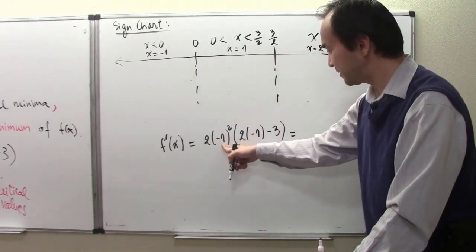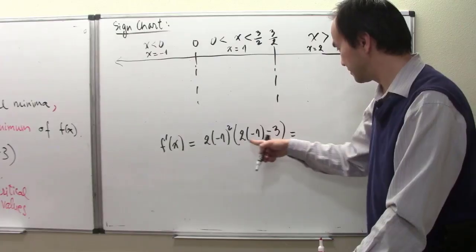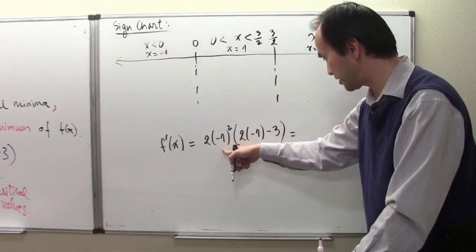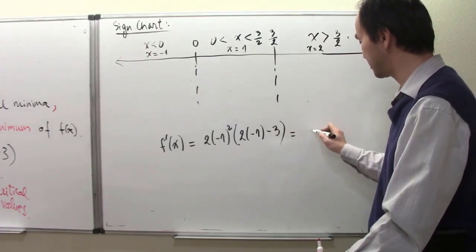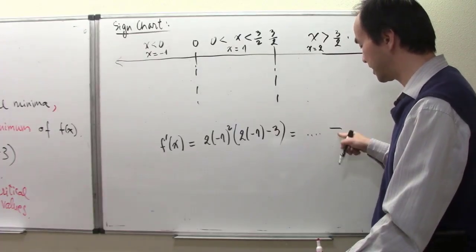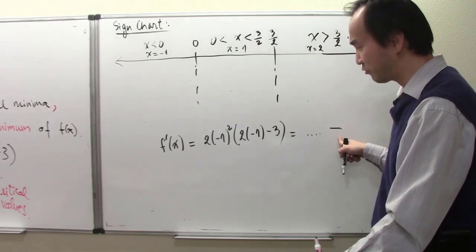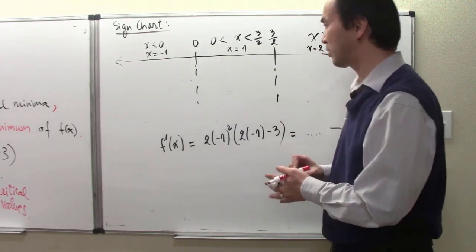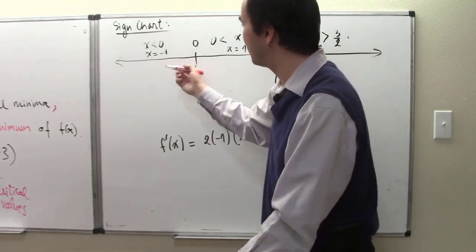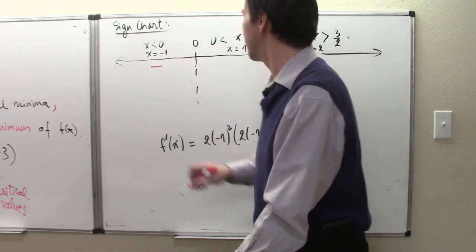That's a positive, because the square is positive, and then that overall here is negative. So the sign here comes out, whatever that number is, but it's negative. All right, so I don't really need the final value, but I need the sign of our derivative. That's what matters. So in the first interval, I'm looking at a negative value.